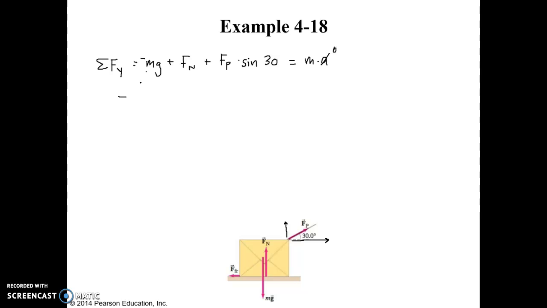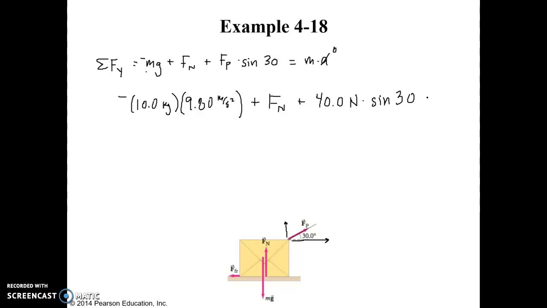So the mass of the box was 10.0 kilograms. Gravity is 9.80 meters per second squared, acceleration due to gravity, plus the normal force, which we don't know, plus the pulling force, which was 40.0. Was that given to us in newtons? Yes, it was. 40 newtons times sine of 30, and that all is going to equal 0.